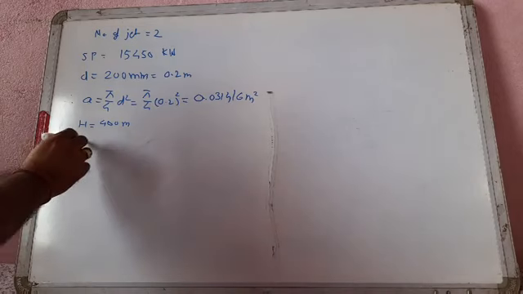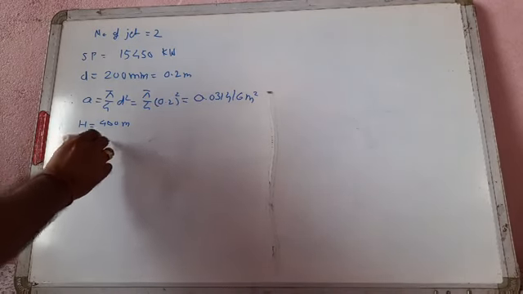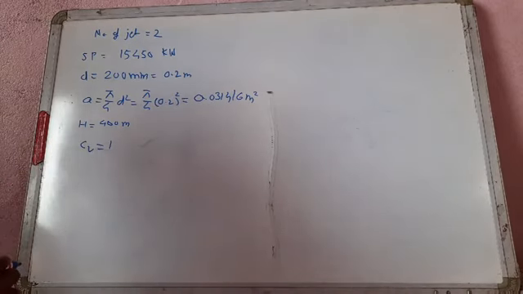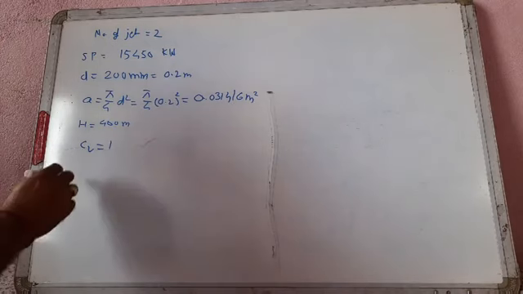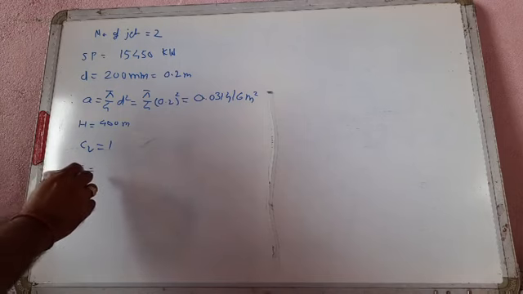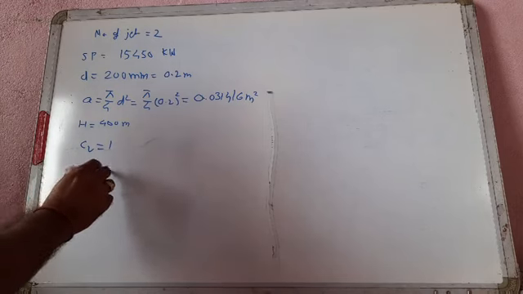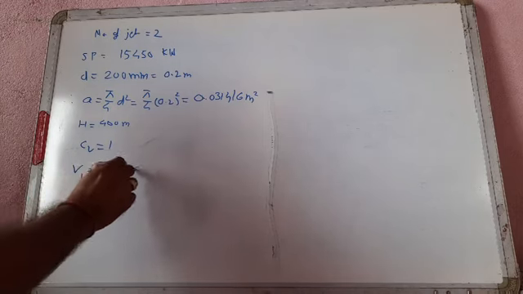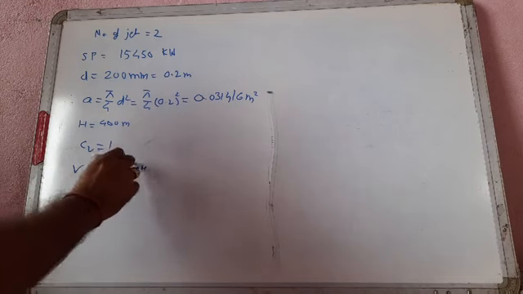Coefficient of velocity CV is given 1, and we have to calculate V1, velocity of jet, equal to CV root 2gH.